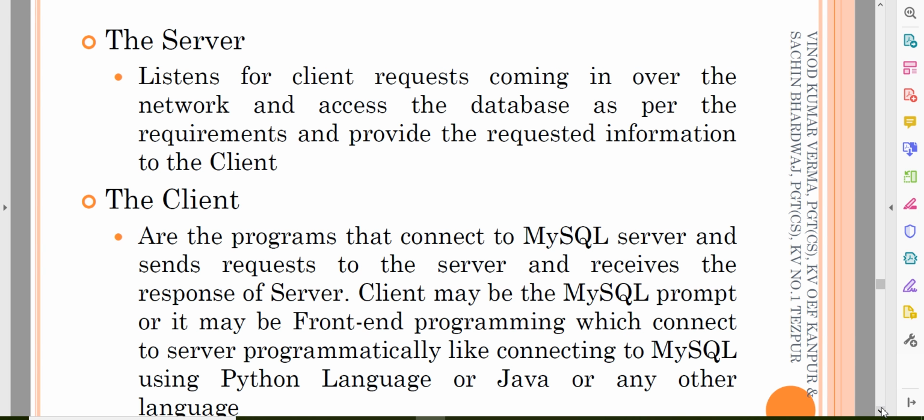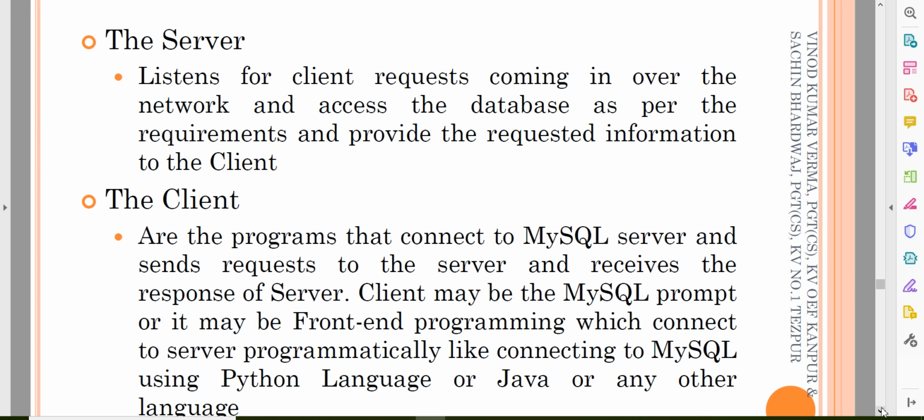The clients can request the server to do something, like to access some databases, or ask for some permission to handle some tables as per the requirement. The server will take the requests of all the clients coming over the network and access the database as per the requirements, and provide all the requested information.